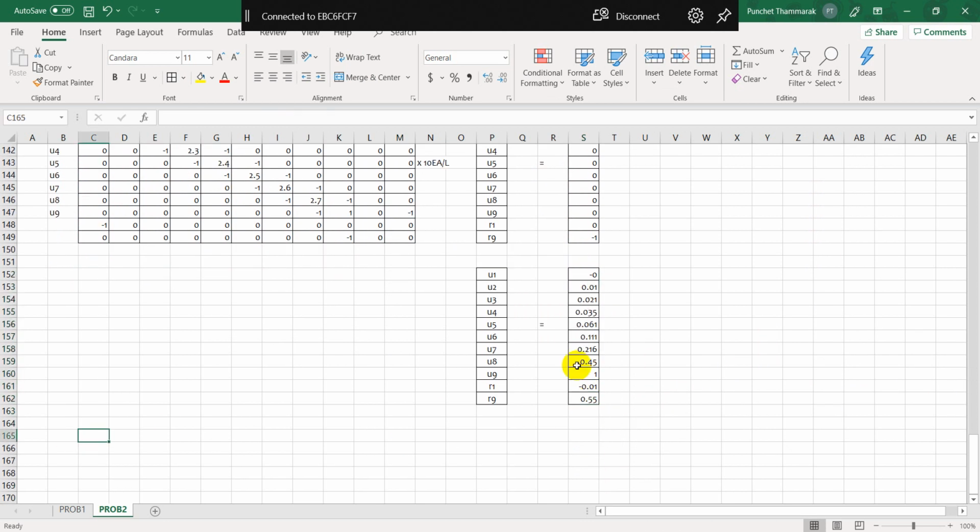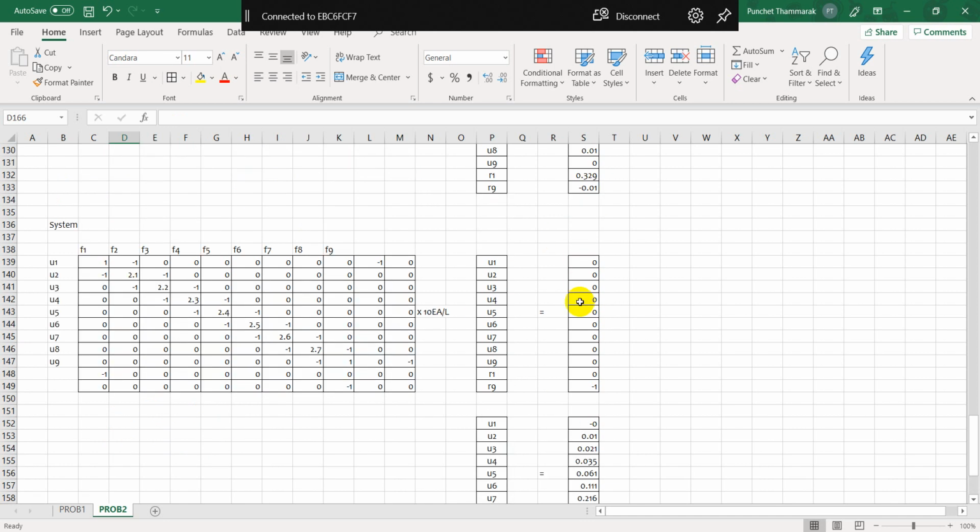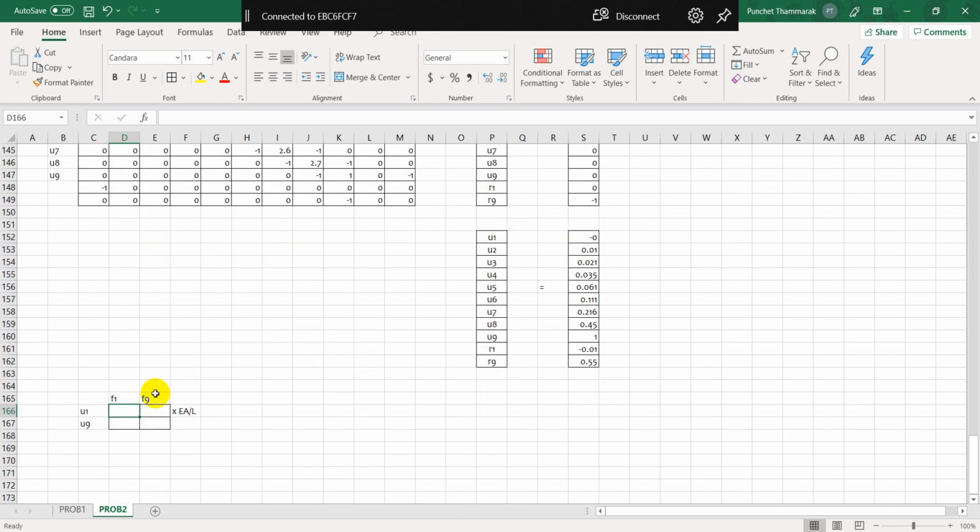So you can make the stiffness matrix of the overall member, U1, U9, F1, F9, multiplied by EA over L. Okay, so when you apply 1 unit at U1, you need 0.329.